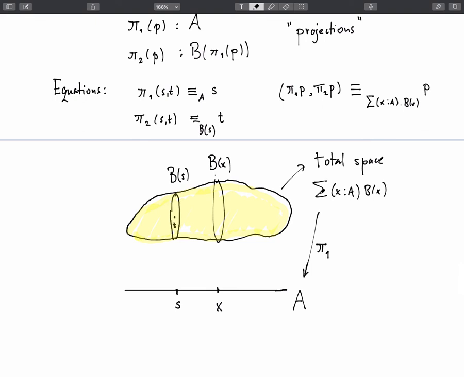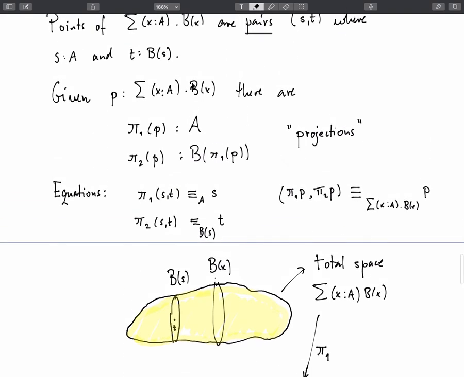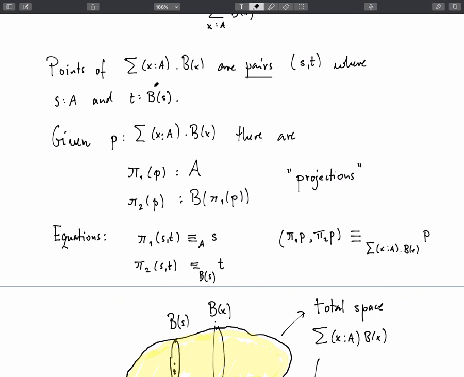So something mysterious is going on here, because it looks as if I formed the total space out of the fibers, but I never explained what the topology of the total space is supposed to be. So some magic is going on here, and this magic will take some getting used to.